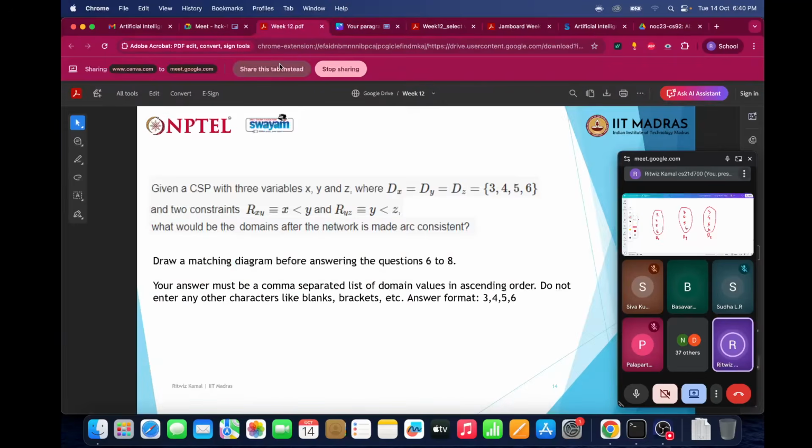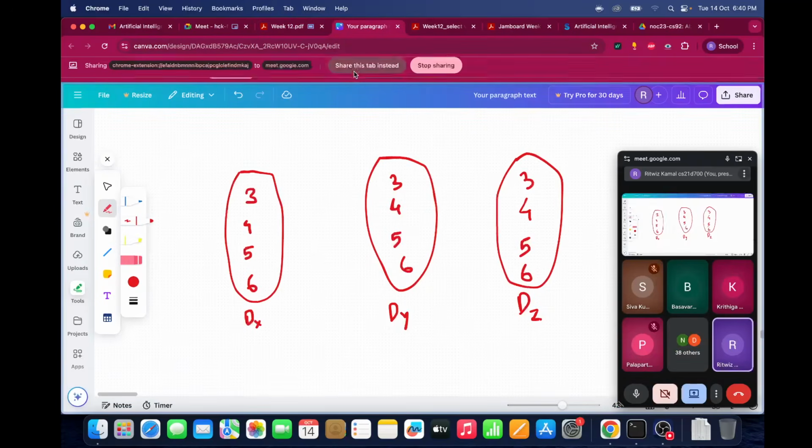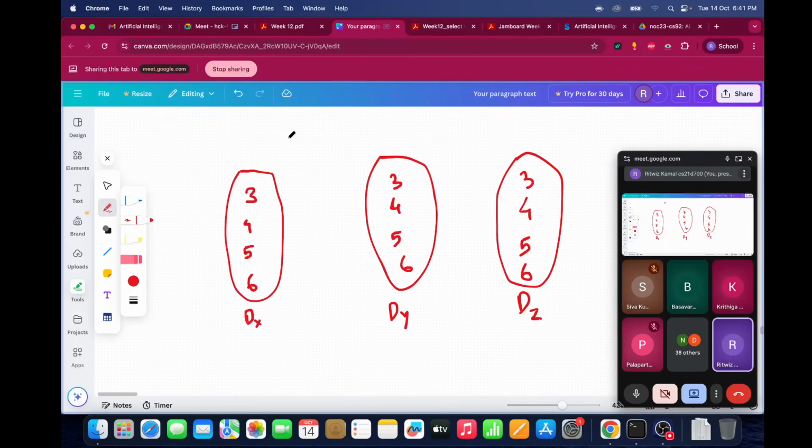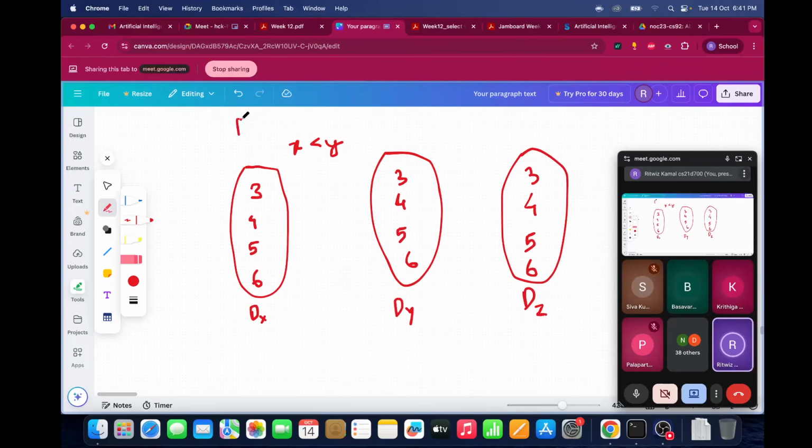Now let's revisit the question. We are given two constraints in terms of two relations. The first is the relation between the variables x and y, denoted by rxy, equivalent to x less than y. So the first constraint is x has to be less than y, and formally we write it the way it is given in the problem: rxy, x less than y.